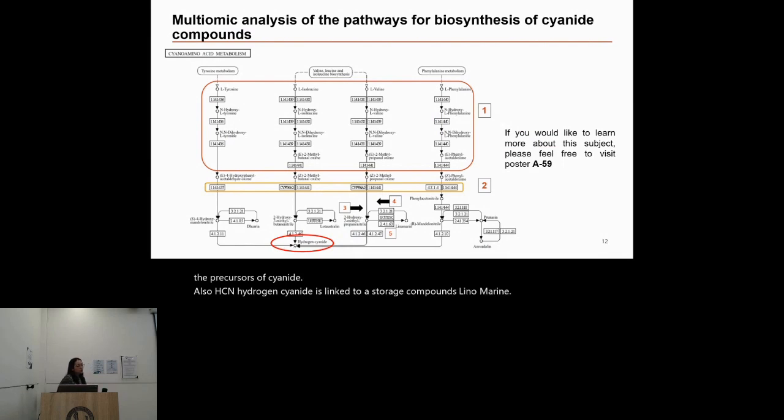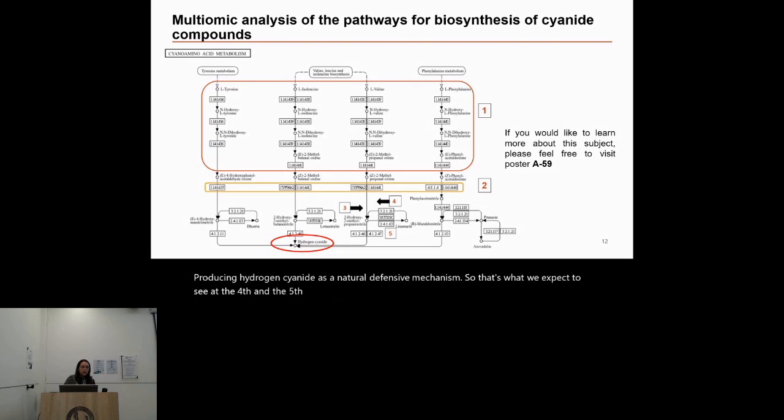This storage occurs at the end of the third reaction. For example, linamarin in some varieties of lima bean decomposes when it comes in contact with water and certain enzymes, producing hydrogen cyanide as a natural defensive mechanism. So that's what we expect to see at the 4th and the 5th reactions.